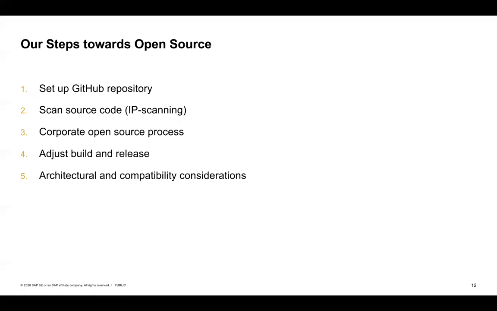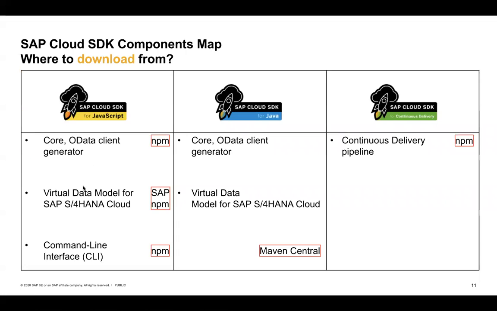For example, if you think about this picture, so far we had one release of the first 2 components for JavaScript, which are the SDK core or data client generator, and the second virtual data model for SAP S/4HANA Cloud. Until open sourcing the first one, we always had one release for these 2 together. So we never needed to care about compatibility between these 2.